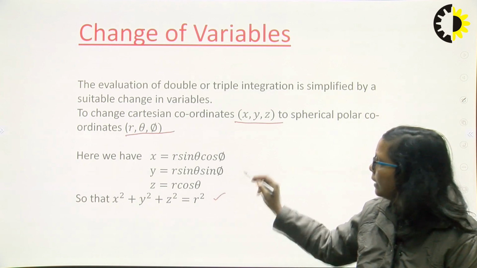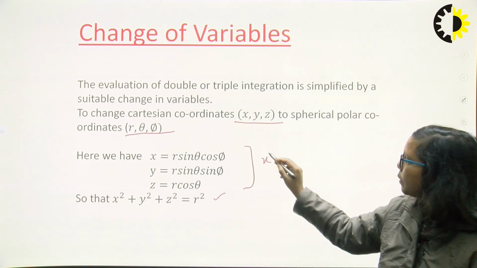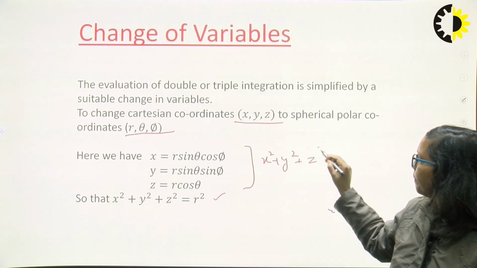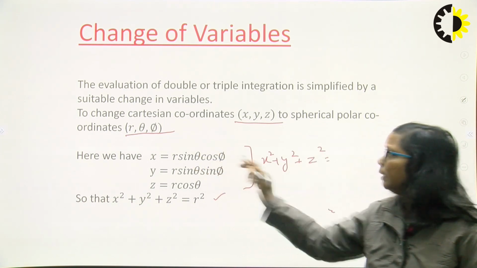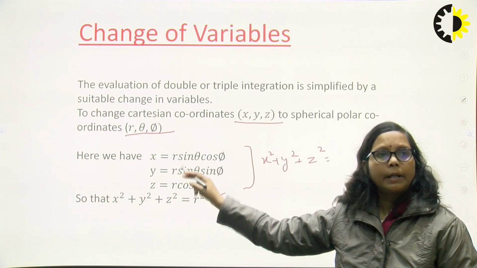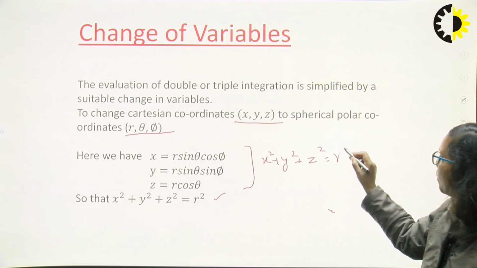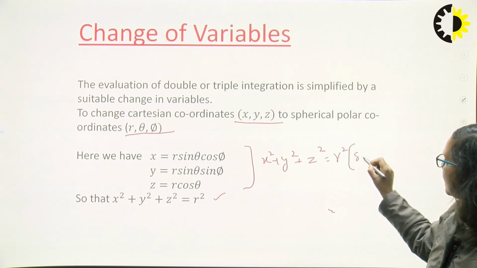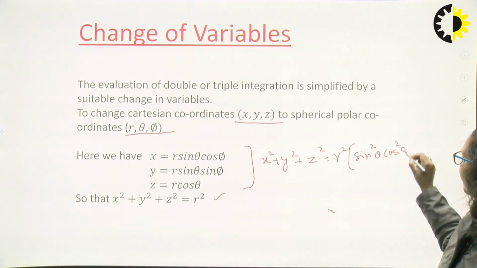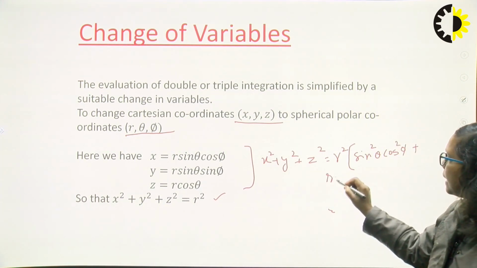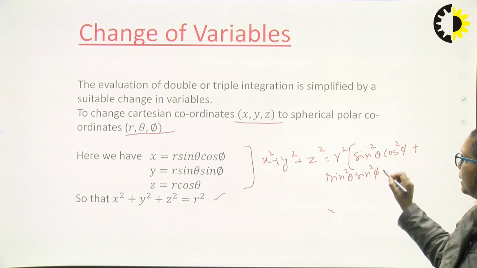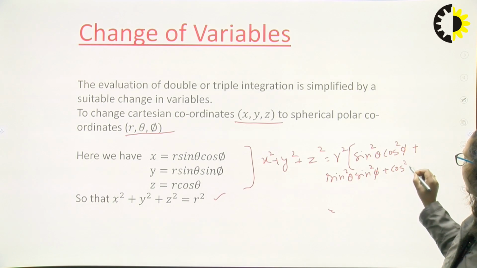We can prove it by taking the value x square plus y square plus z square. If I take the square of each and add them, r square is common. Taking r square common outside, inside I will get sine square theta cos square phi plus sine square theta sine square phi plus cos square theta.